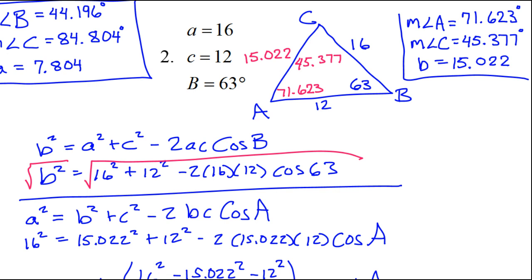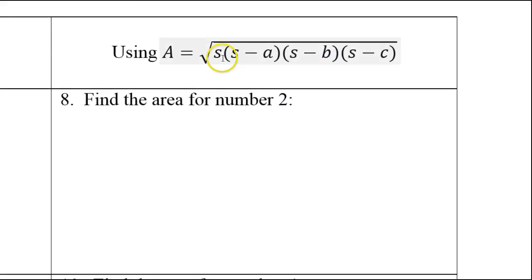Now the first part of the formula is that we have to figure out what S is. So let's go ahead and do that. So remember that S is 1/2 the sum of the three sides. So S is 1/2 times A plus B plus C. So we need to figure that out.